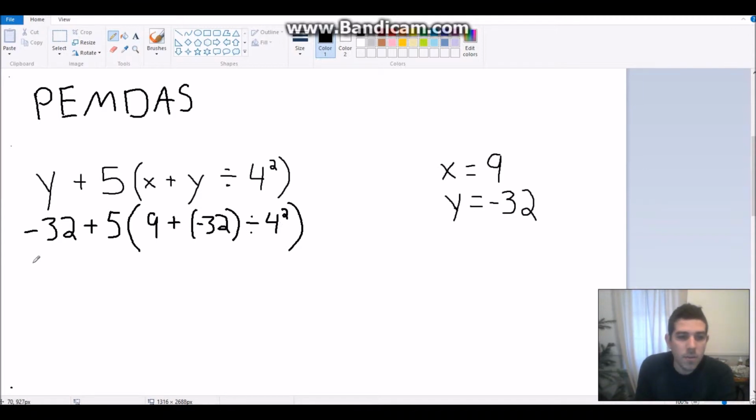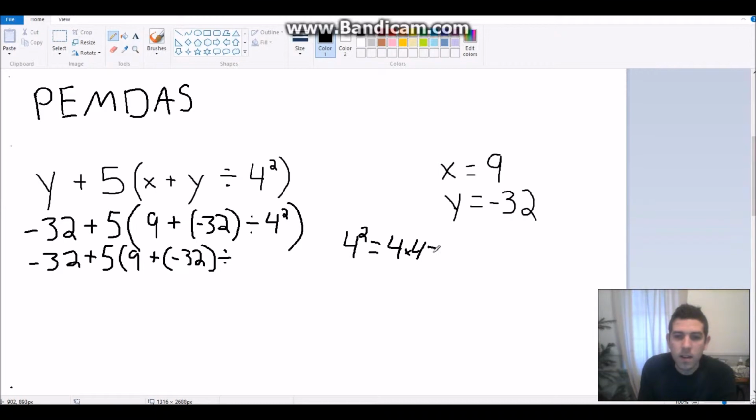So I'm going to rewrite the problem and do my exponent math first. What is 4 squared? Or in other words, what is 4 times 4? 4 squared means 4 times 4, which we know is 16. So 4 squared is 16.